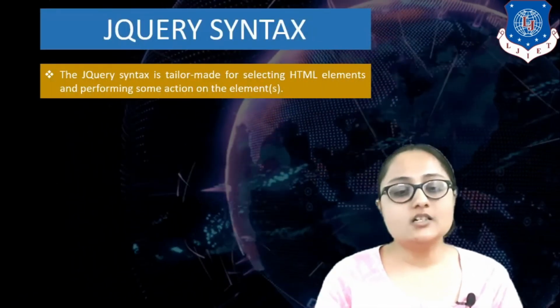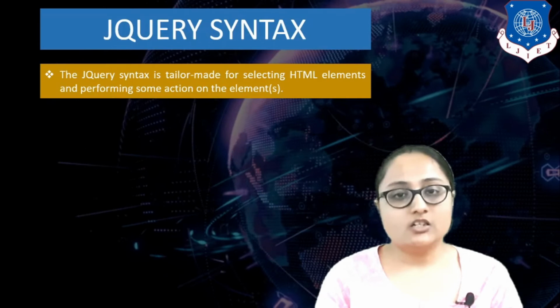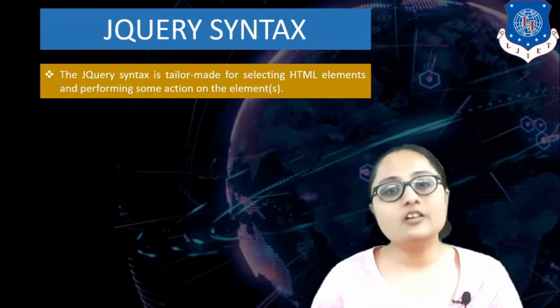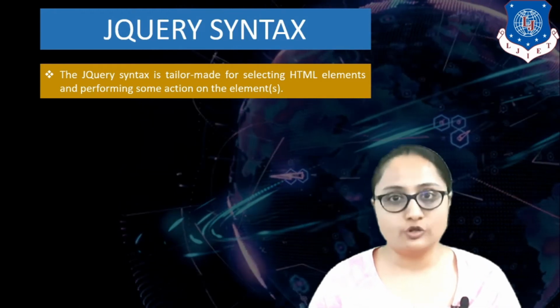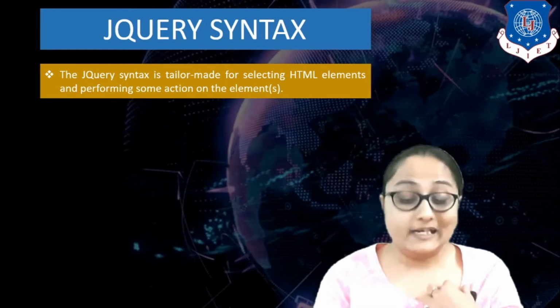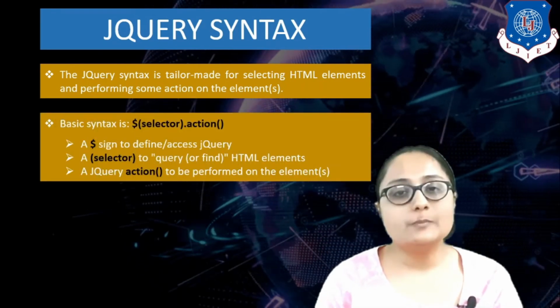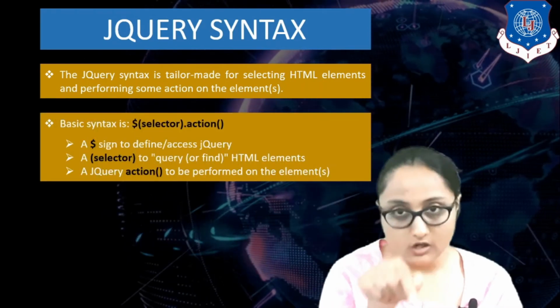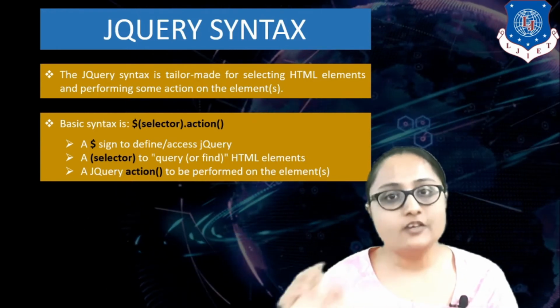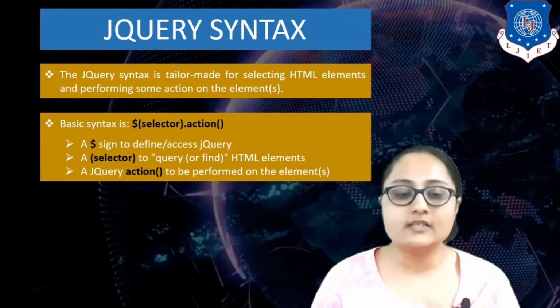And now, what is the jQuery syntax? We know that it is basically tailor-made for selecting HTML elements and performing some action on those elements. The basic syntax consists of a dollar sign, a selector inside brackets, a dot, and whatever action you want to perform on that selector.